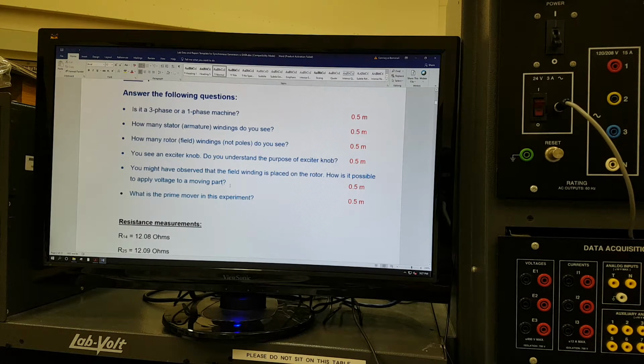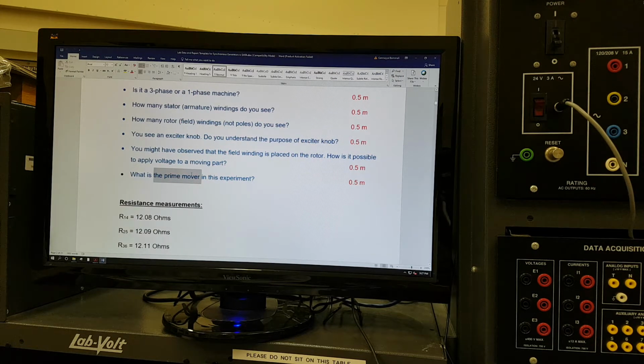And then there is a prime mover that will be used. You should be able to tell the purpose of the prime mover, because when I mentioned the function of a generator, it converts some energy into electrical energy.